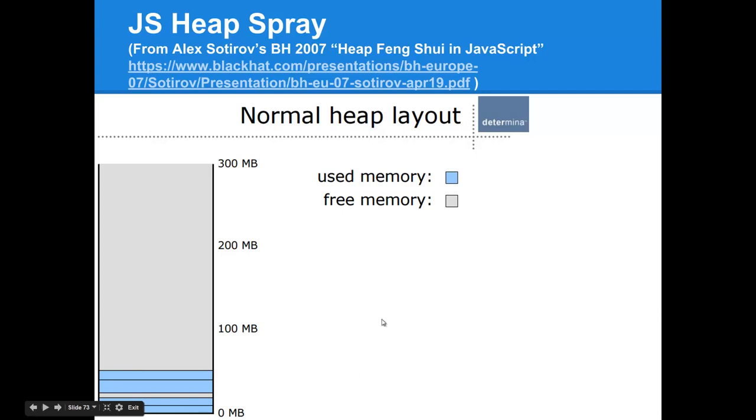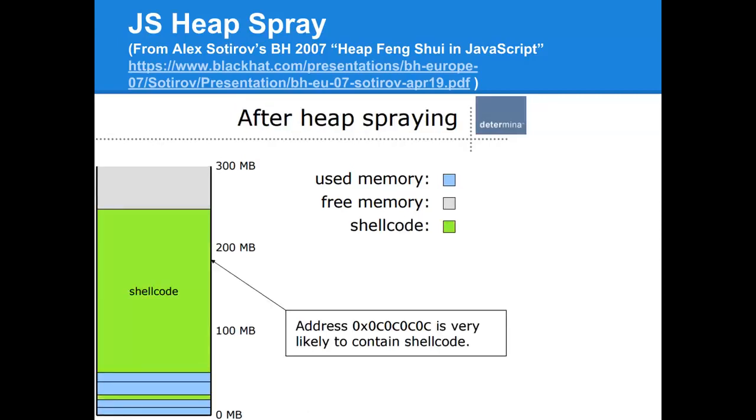To illustrate, these slides are from Alexander Sotirov's Black Hat 2007 presentation titled Heap Feng Shui in JavaScript. This would denote a typical heap with some used memory chunks. And with this heap spray, the following chunks would be allocated in a very deterministic manner.